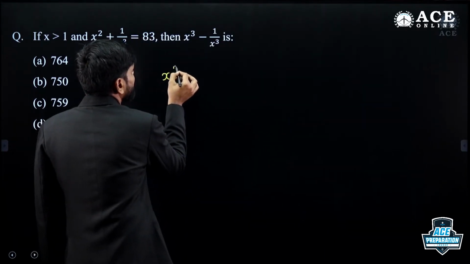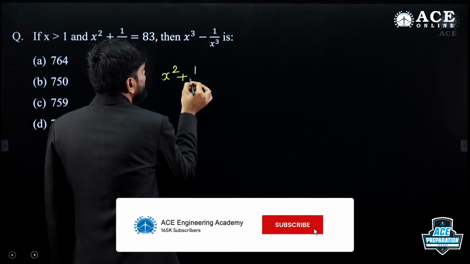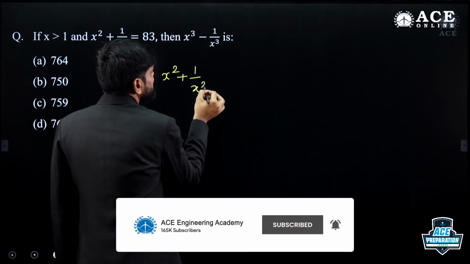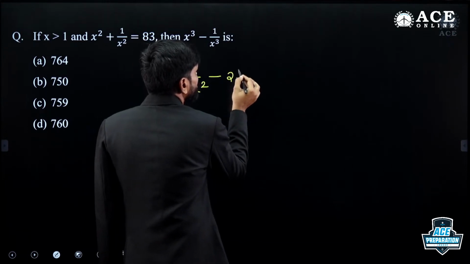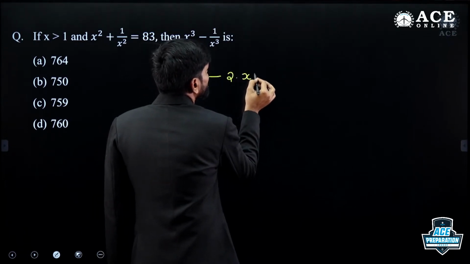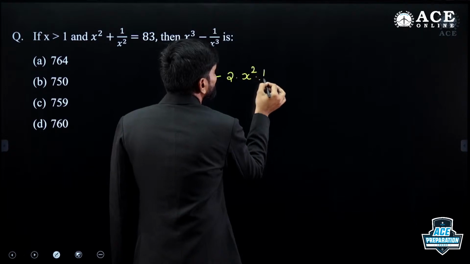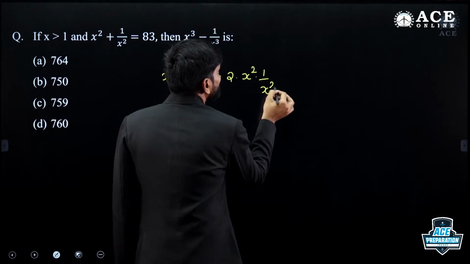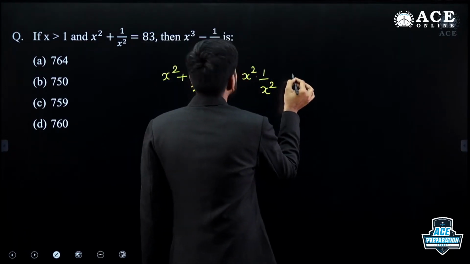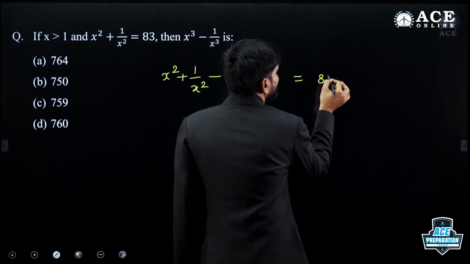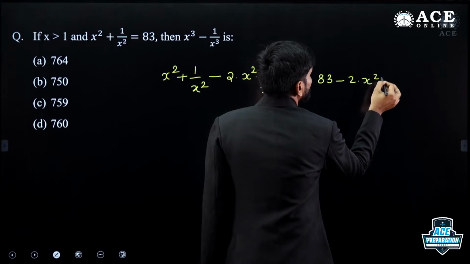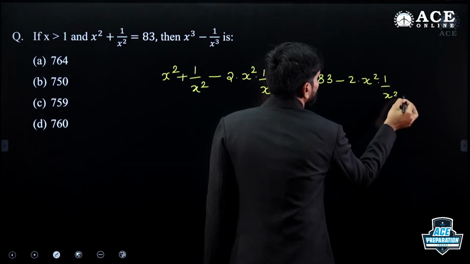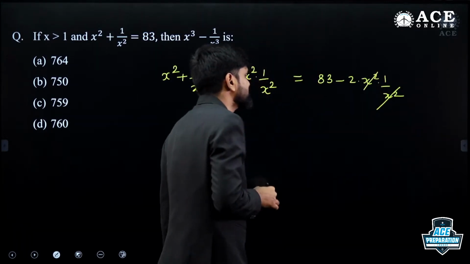x square plus 1 by x square, a square plus b square, minus 2ab I'll add. Actually 2 into x square into 1 by x square I am adding for our convenience. So on this side also, 83 minus 2 into x square into 1 by x square. x square anyway gets cancelled.